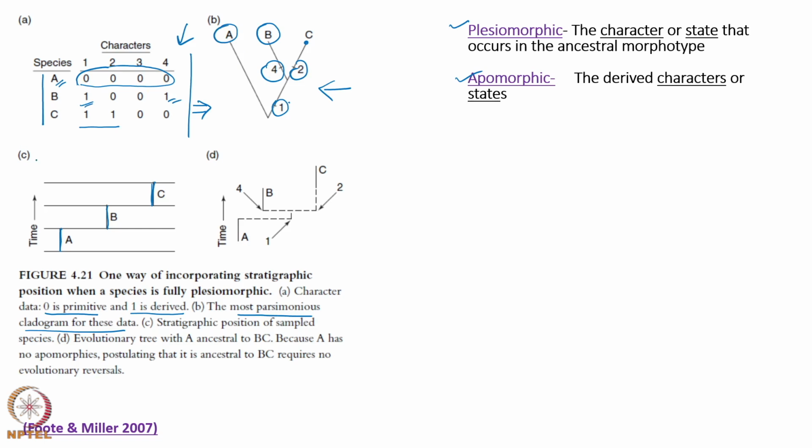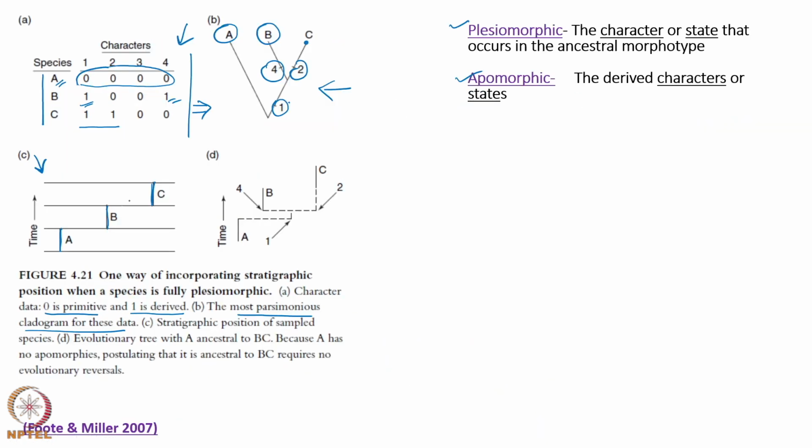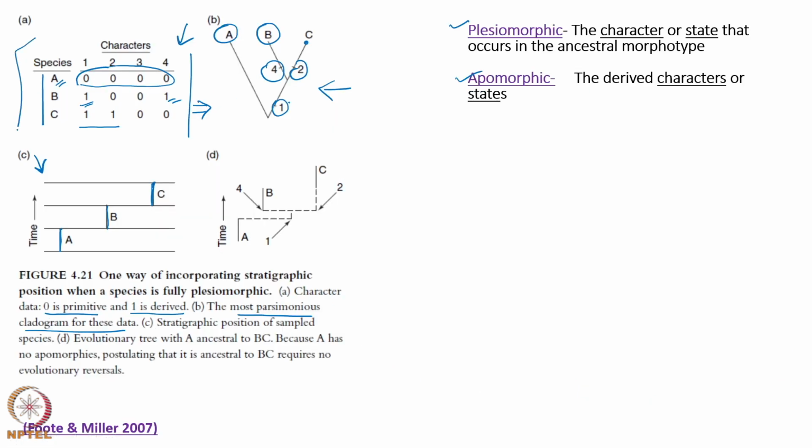Now, we are incorporating the stratigraphic position of the species just as in our previous case. Here species A, species B and species C do not share a common stratigraphic zone. That way this present problem is similar to this problem, but as I told you, matrix-wise the situation is different. Now, the evolutionary tree has been constructed in this way.